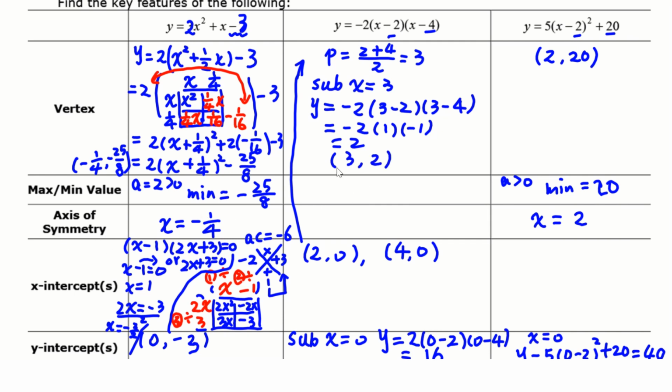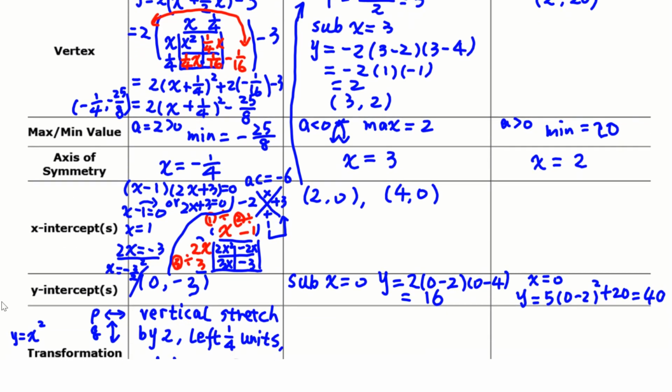Then for the maximum or minimum value, because the a value is less than 0, it opens down. At the vertex, this is the highest point, so you have a maximum y value equal to 2. The axis of symmetry is just x equals the p value.